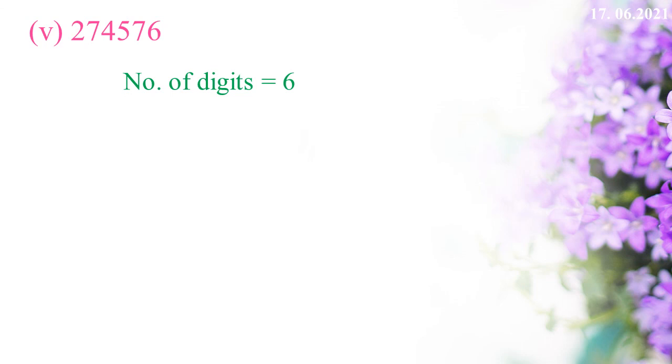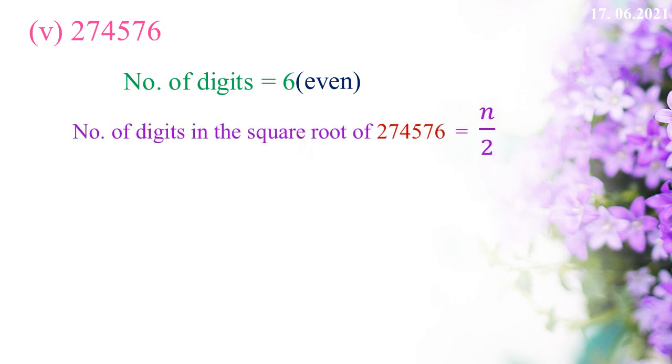Now we are going to find how many digits are in the square root of 2,74,576. Here, the number of digits is 6. 6 is an even number. If the number of digits in the perfect square is even, the number of digits in the square root will be n by 2.